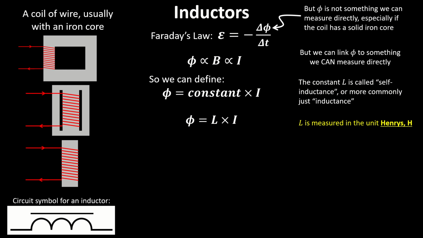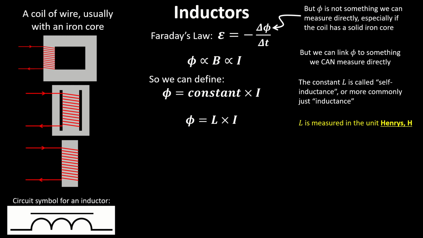So we just do our usual thing where we smush it all together and name it after a dead guy. In this case, Henry. I can't remember what his first name was. He was an American. Anyway, so we measure this constant L in Henrys.